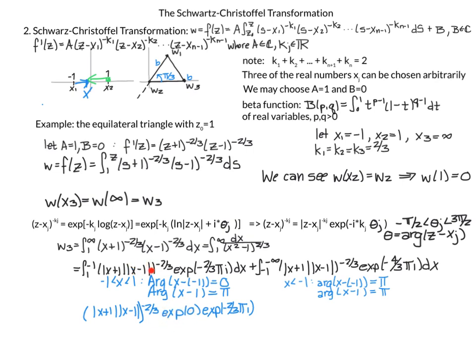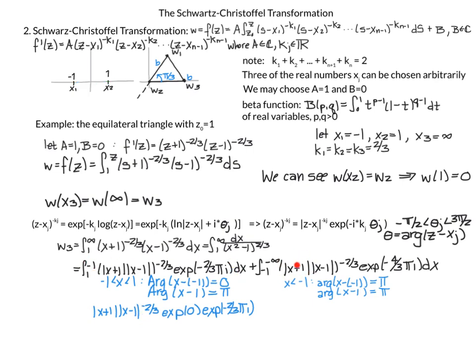Then for x minus 1, we have exp of minus 2/3 i, times our argument theta j, which is pi. So you can see that's exactly what we have for our first term.